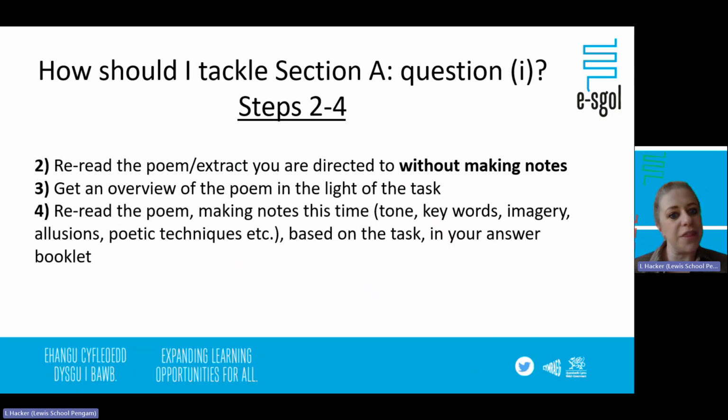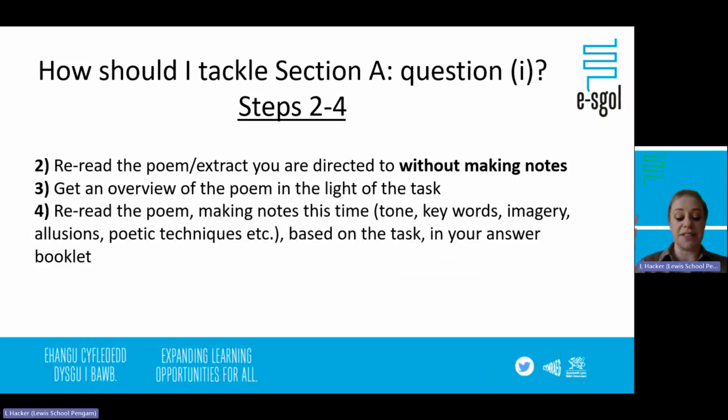If you are familiar with the poem or extract, brilliant. Hopefully rereading it will start to conjure some ideas in your mind. If for some reason, however, you haven't studied this poem or this extract, do not panic. This is a 15-mark question in a 120-mark paper. It's not the be-all and end-all.